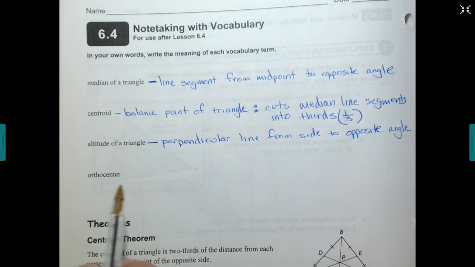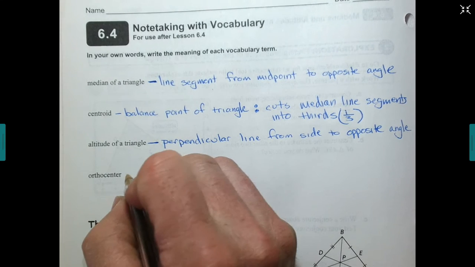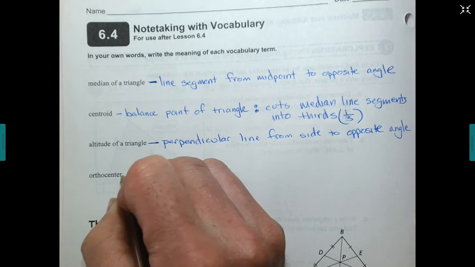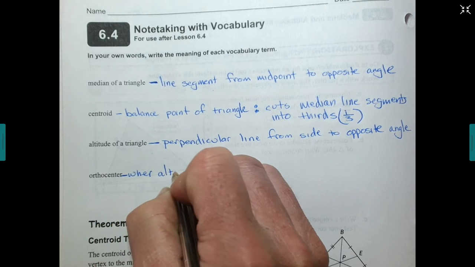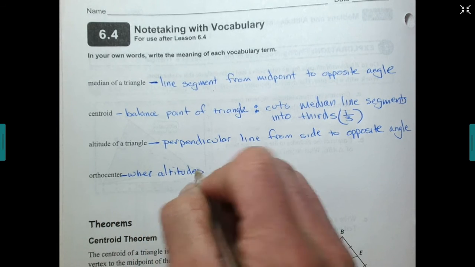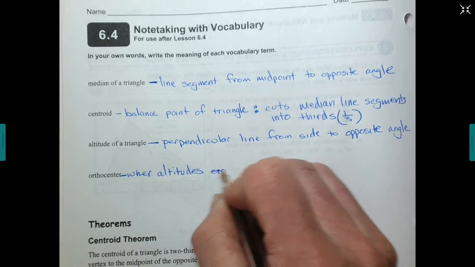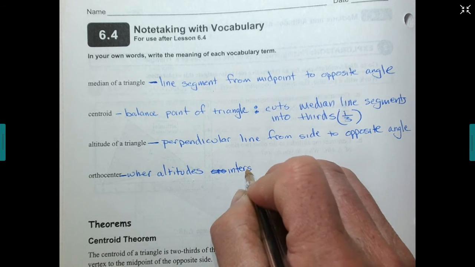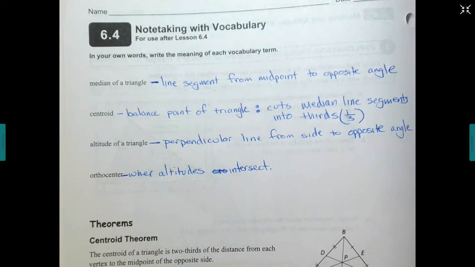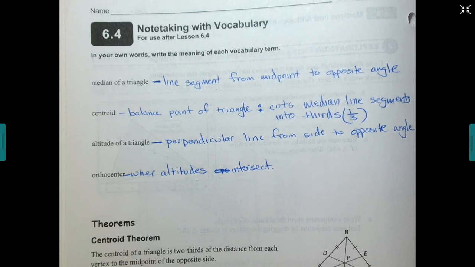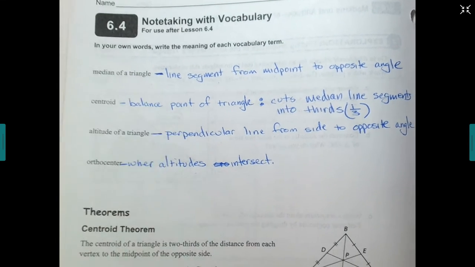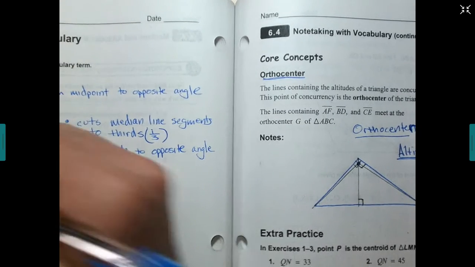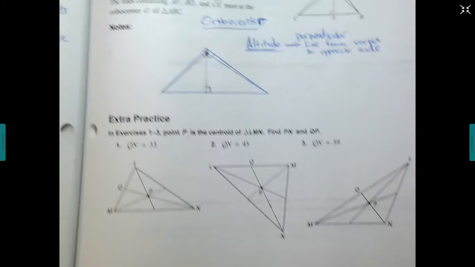And the orthocenter is where altitudes cross or intersect. Where the altitudes intersect. All right, so let's check these out.